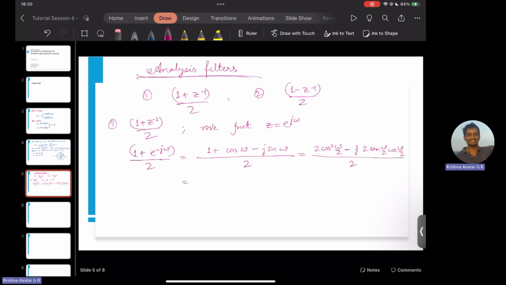The 2 cancels out, and we have cosine omega by 2 as common. Then we have cosine omega by 2 minus j sine omega by 2, which can be written as cosine omega by 2 into e to the power minus j omega by 2. This is what we had seen in the lecture.